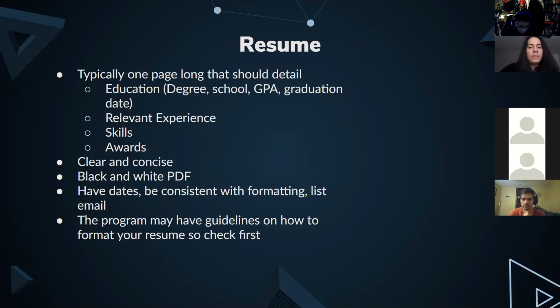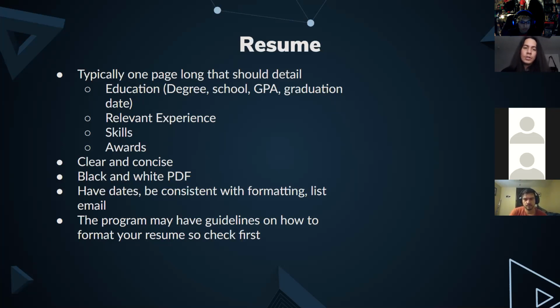And so now we move on to resume. So resumes are typically 1 page long. In some cases they can be 2 pages, but for the purposes of your current career, it should be 1 page. And most places will typically prefer 1 page unless otherwise stated.